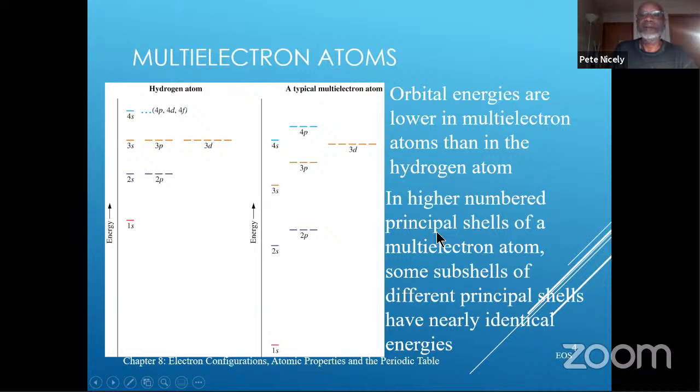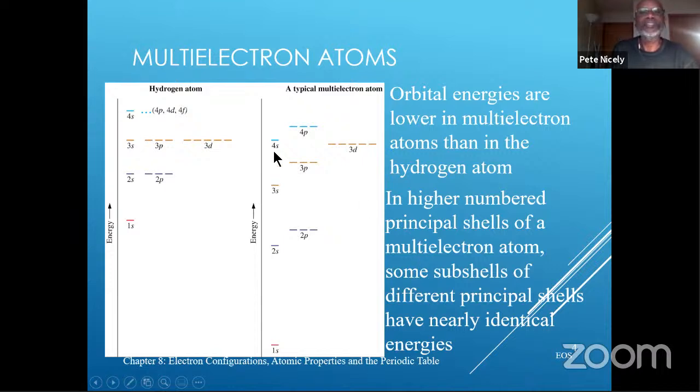So let me see here. I think I made mention of this point already. The orbital energies are lower in the multi-electron atoms compared to the hydrogen atom, right? So if you take the 2s orbital, its energy would be here. In the multi-electron atom, the 2s orbital's energy is lower, all right? It says here that in higher numbered principal shells of multi-electron atoms, some subshells of the different principal shells have nearly identical energies.